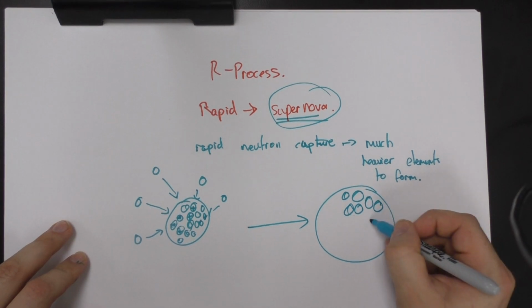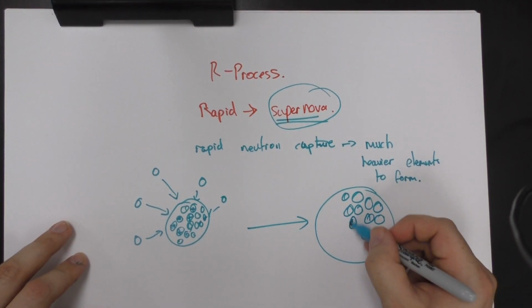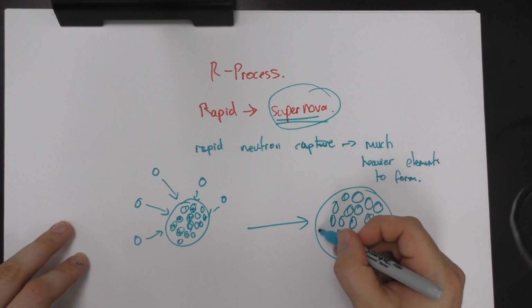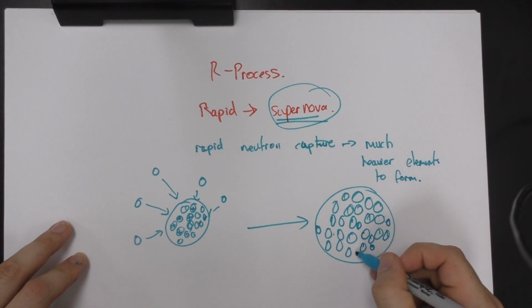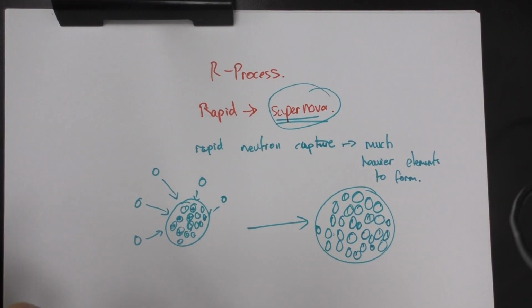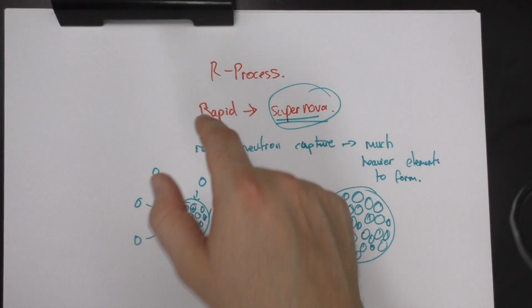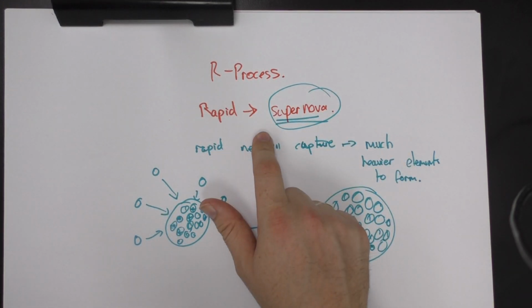And I'm not going to draw lots and lots of circles, you just get the idea. I'm going to draw a few just to give you the kind of theatrical thought process where we get lots and lots of huge elements created as a result of this rapid process that occurs when a supernova occurs.